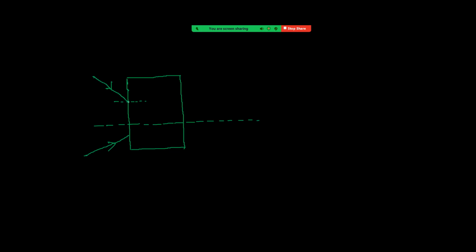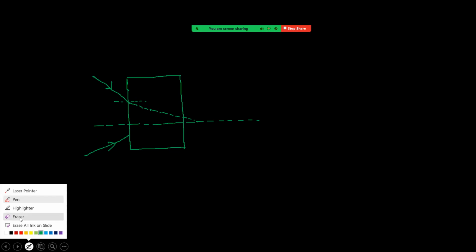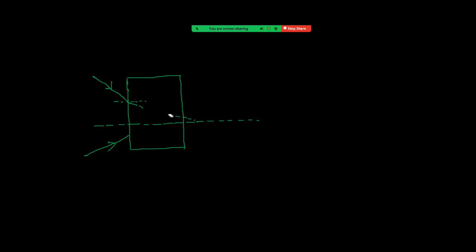So light rays, let me take it now. If light rays are bending like this, let me make a diagram once again. So first of all, we have to focus on where these light rays are meeting.